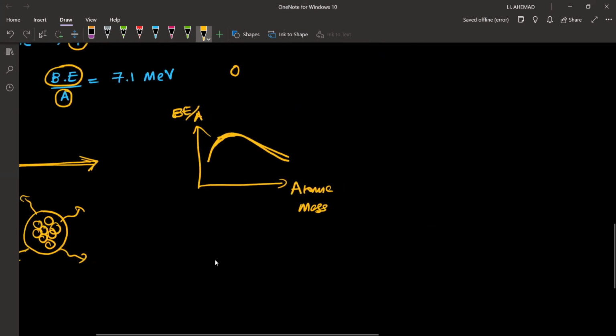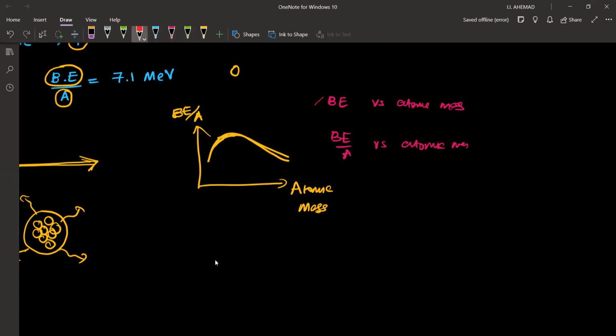Okay, are you clear why we avoided drawing a graph between binding energy versus atomic mass and instead stuck to binding energy per nucleon versus atomic mass? Is that point clear? Why we didn't choose this but chose this? Because this falls within a small range, okay, which we can compare.